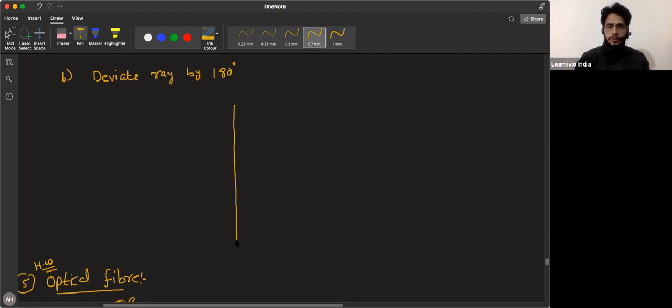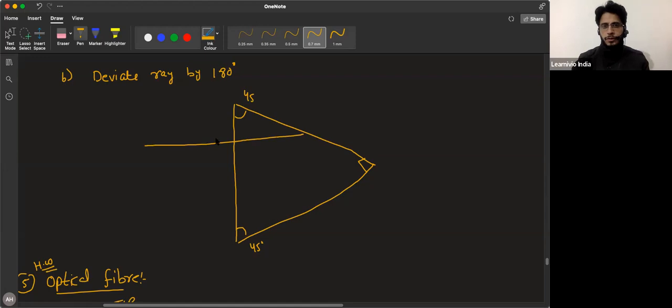See, this is your prism. This is a 90 degree angle. This is 45 degrees. Now this is also 45 degrees. So you incident a light ray normally on this face. So this is going normally, so it won't refract.